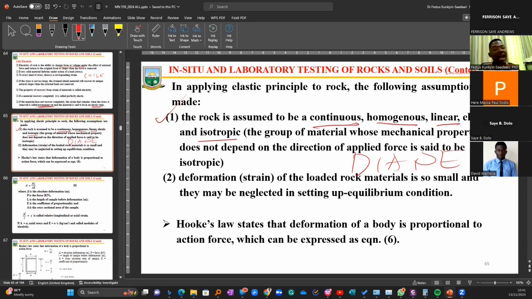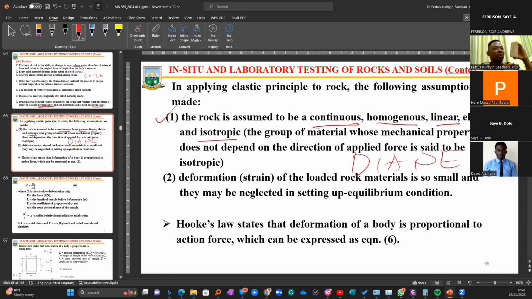So now that we are all on the same page to use that principle, then we can apply any theory of elasticity to it. And that is how come when we are subjecting our rock sample to the uniaxial and the triaxial test, there are always some cables that we attach to the sample to measure the deformation.